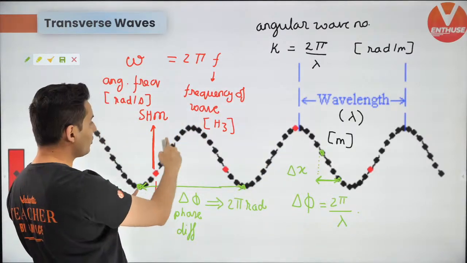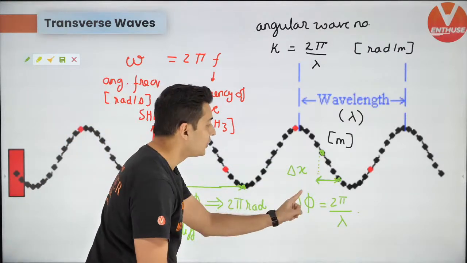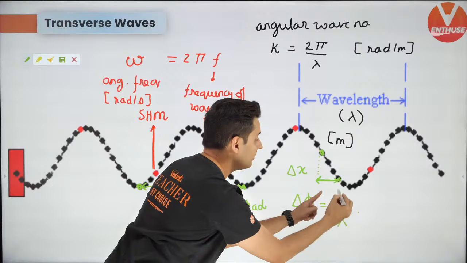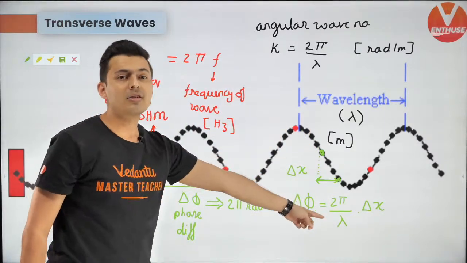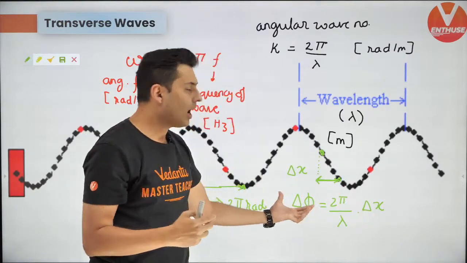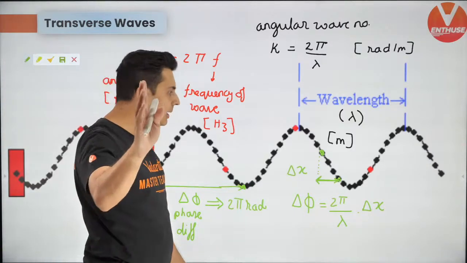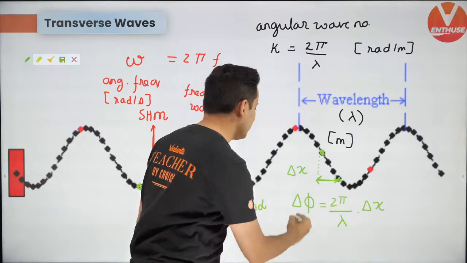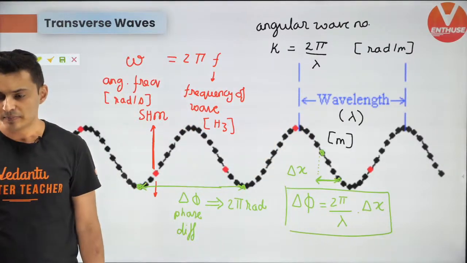So look at that, this is one complete wavelength. So for one wavelength, the phase difference is 2 pi. So for these 2 points, the phase difference will be 2 pi by lambda into delta x. This is the unitary method. For one wavelength, it is 2 pi. So for delta x, how much is the phase difference? Correct? Understood? Clear, guys? I hope this is clear.